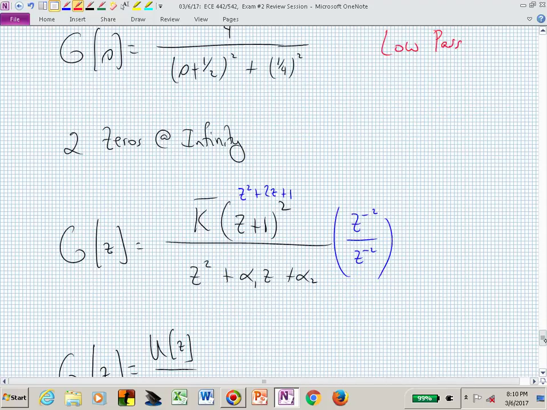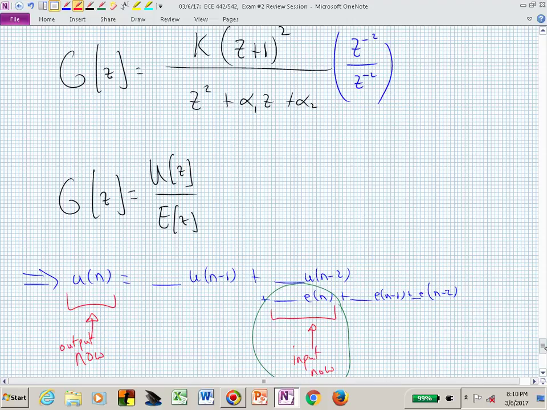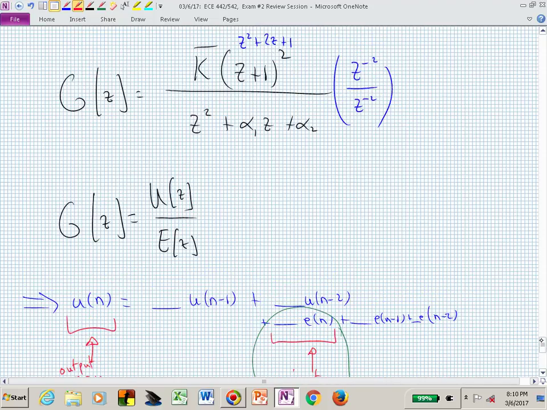But now if I wanted to implement this with an output u and an input e, you see what I would have? This z plus 1 squared gives me a z squared plus 2z plus 1.